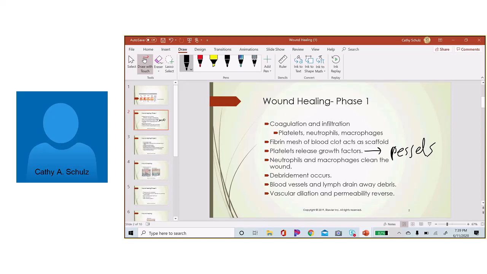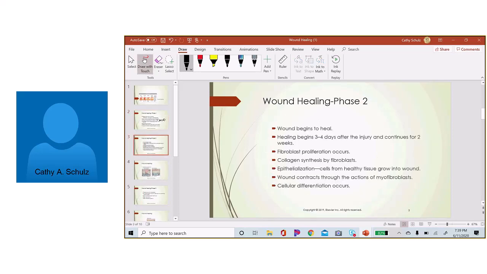So if the inflammatory response is still active, or if this area is infected, we can't really move on to phase 2 wound healing because we haven't taken care of this. So one of the reasons why wound healing gets delayed is if there's too much fluid in a wound, then we can't get this to work. If there's still an active infection going on, that's another reason why wound healing would be delayed.